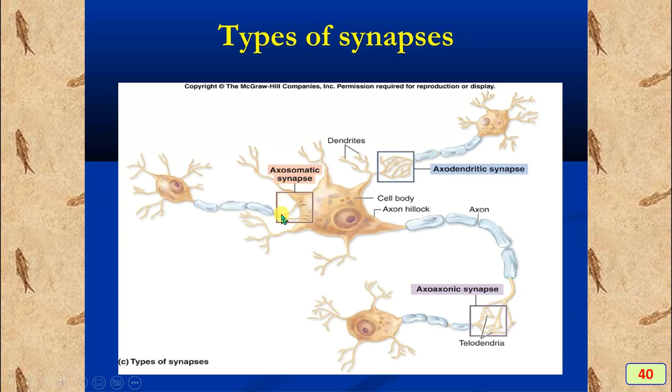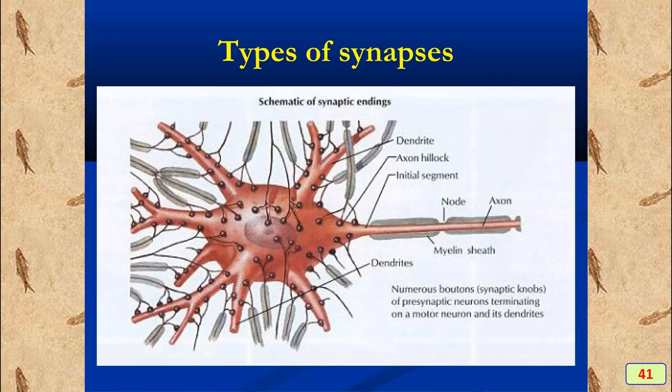Axosomatic means an axon having a connection with the body of a neuron. So these are all different types of synapses. You can see the dendrite, axon hillock, initial segments, myelin sheath, etc.